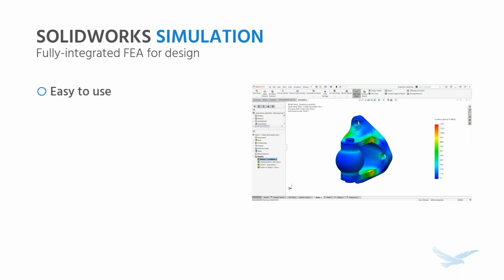Because it's fully integrated, all the buttons are really familiar, all the things you do in SolidWorks are really familiar, and it's really easy to use. It's also really easy to go back and forth between your CAD modeling and simulation, and this really efficient workflow allows us to get good insight into our designs, where we can iterate quickly and make good design decisions.